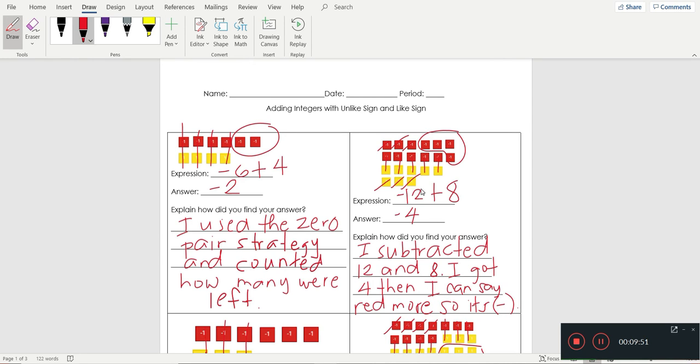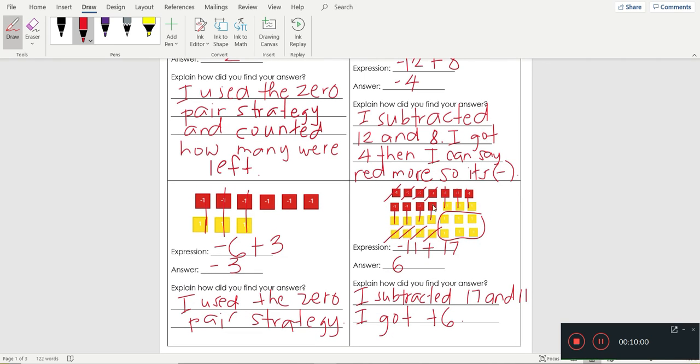If there are more negative numbers or more red, then you might end up getting a negative answer. If you have more yellows or more positive numbers, like this example, you will end up getting a positive number as the answer. So it depends on which one is more, okay?